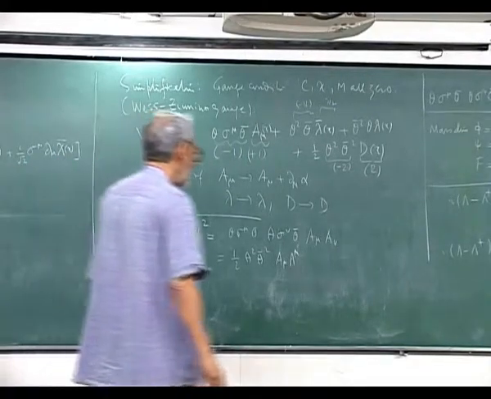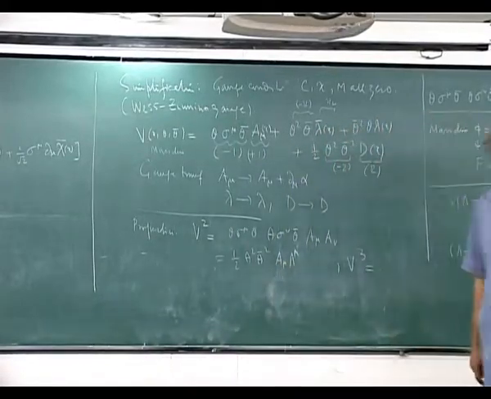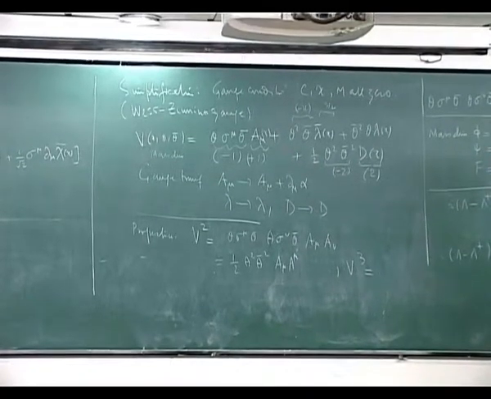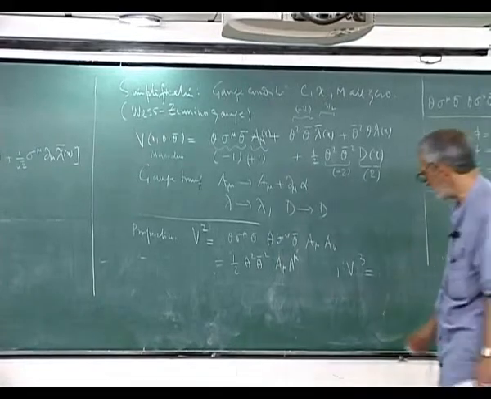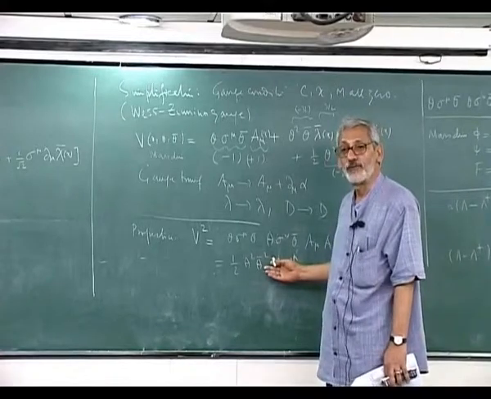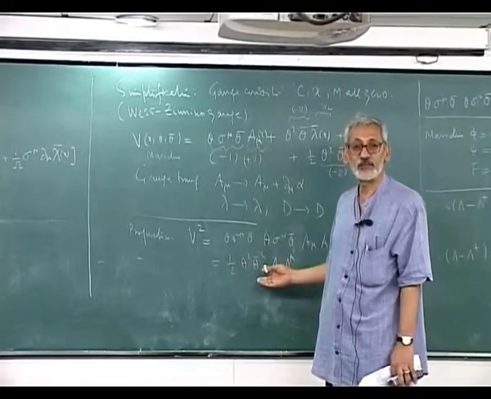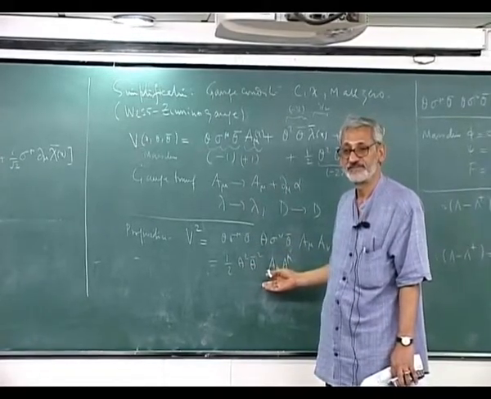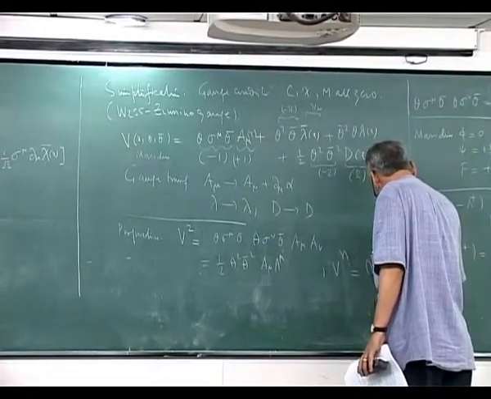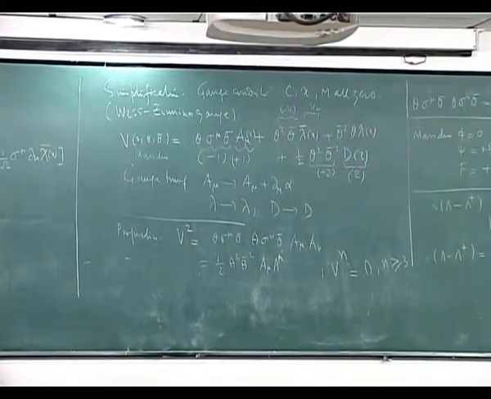What about V cube? Zero, because it will have this times V, so it has already 4 thetas. Multiplying by any of these objects will give me a square of some theta component. So every power of V higher than 2 is 0.